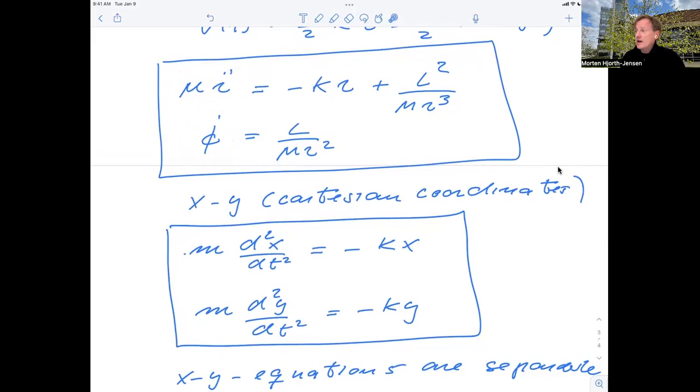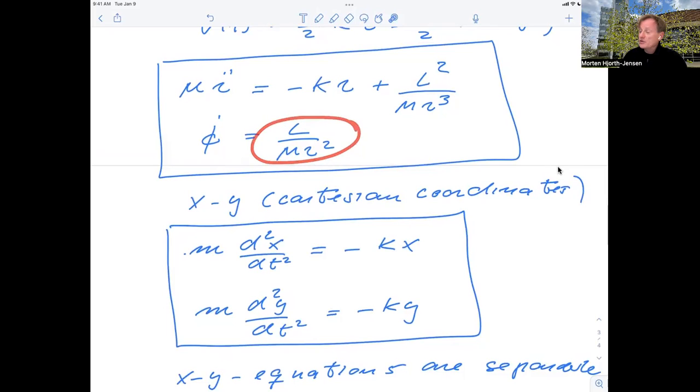Now, in this particular case, the equations depend on r. So r is not an equation which depends only on one of these equations, but there is actually a connection between the equation for the acceleration in the direction of the radial coordinate and the angular velocity.